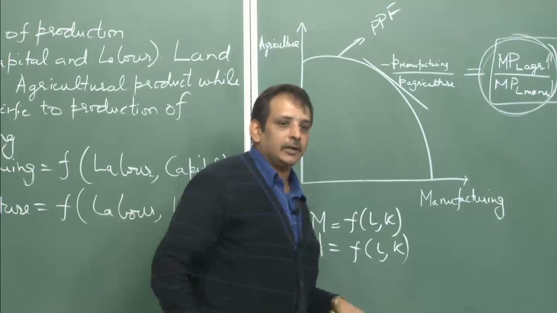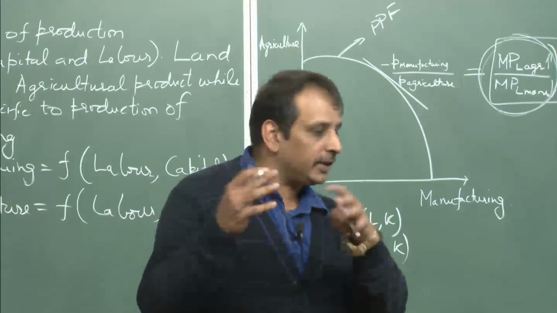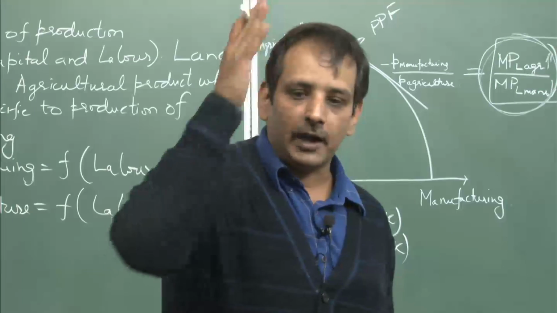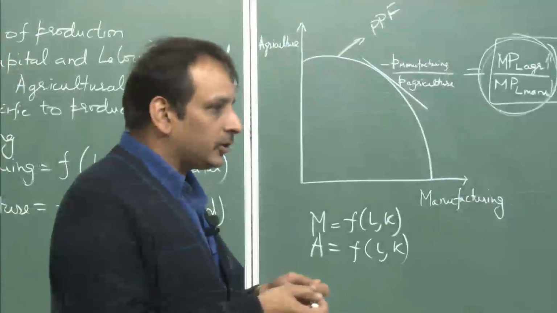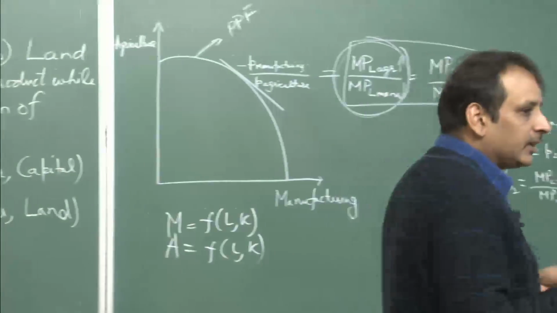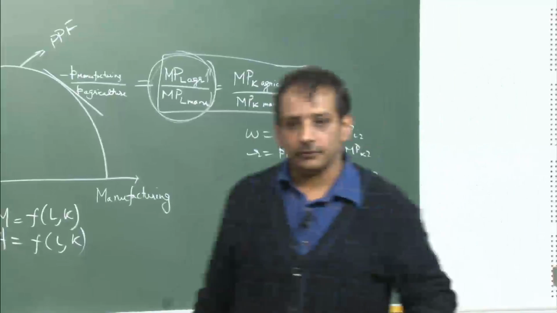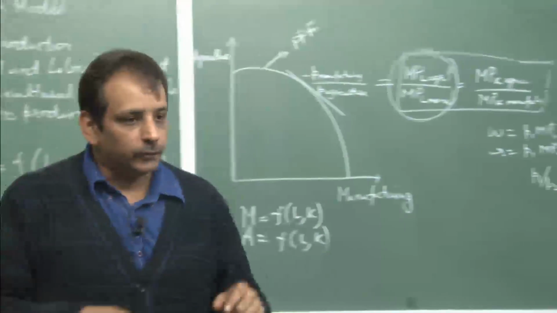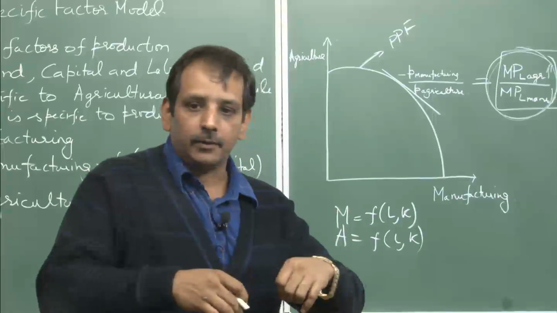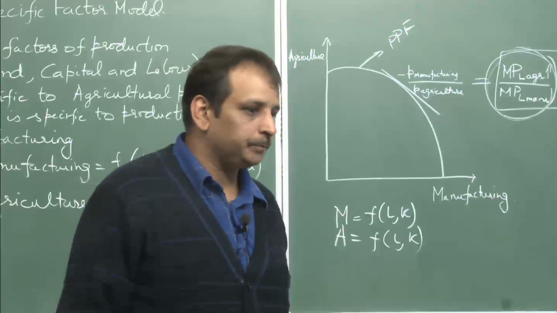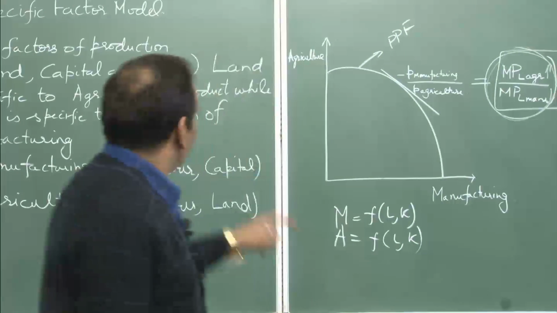Now if manufacturing is capital intensive, see what happens. Something happens in the economy, and the output of manufacturing goes up. Manufacturing is capital intensive, right. So it will require more of both factors, but it will require more capital.